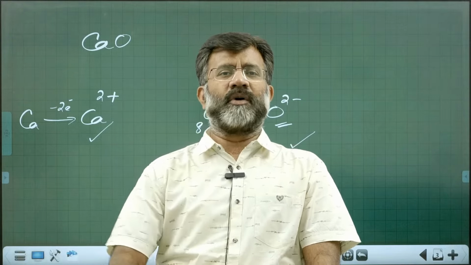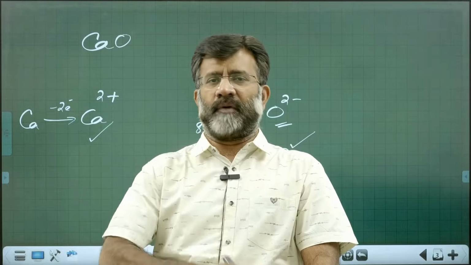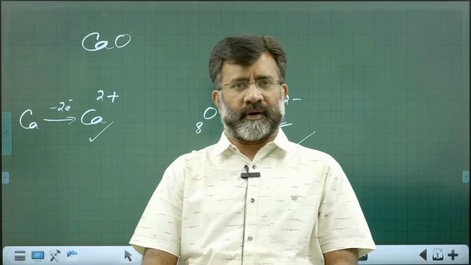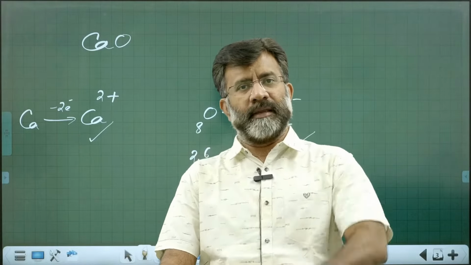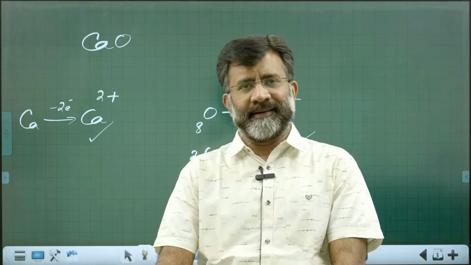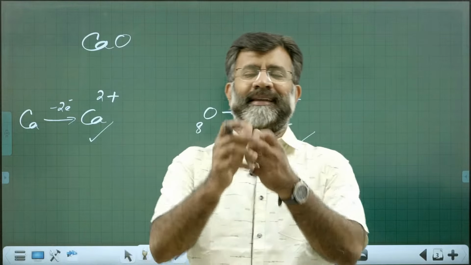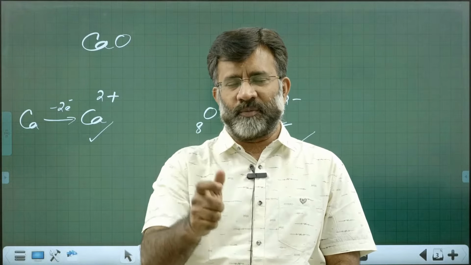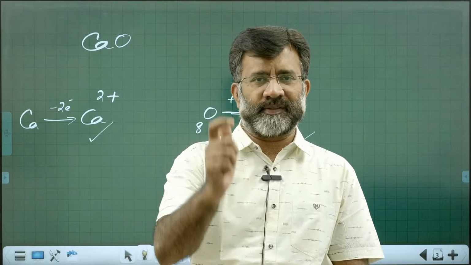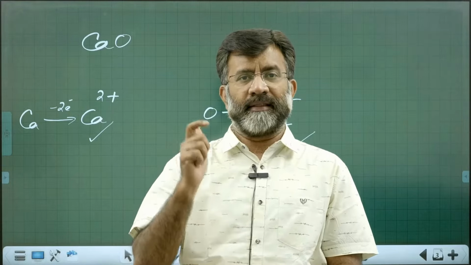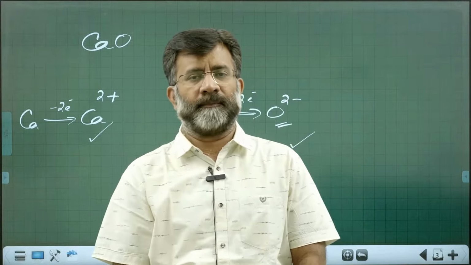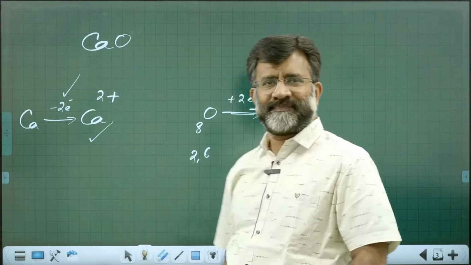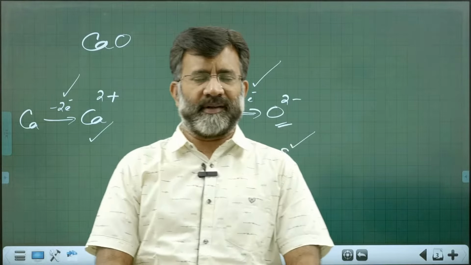So one or more electrons are transferred from one atom to another, and thereby the atom losing electrons is converted to a cation, the atom gaining electrons is converted to an anion, and thereby this cation and anion make an interaction between them, and that is the electrostatic force of attraction, that is the Coulombic force of attraction, that we call the electrovalent bond, and that we call the ionic bond. And this is electrovalency. And this is what? Ionic bond. All of you know.